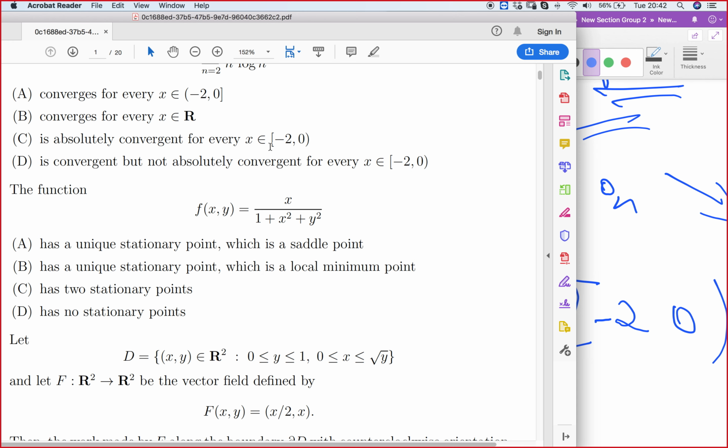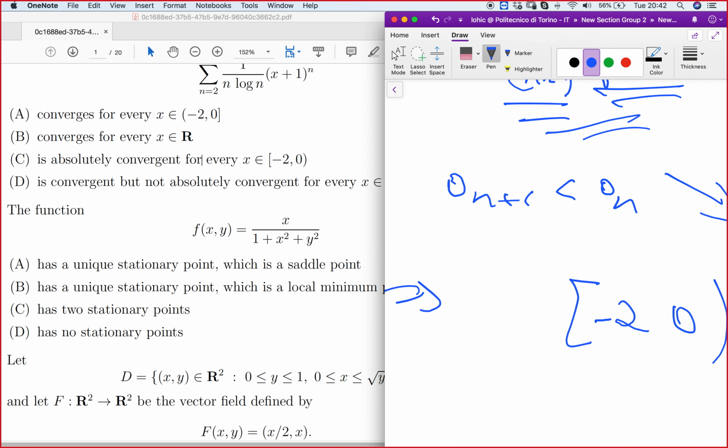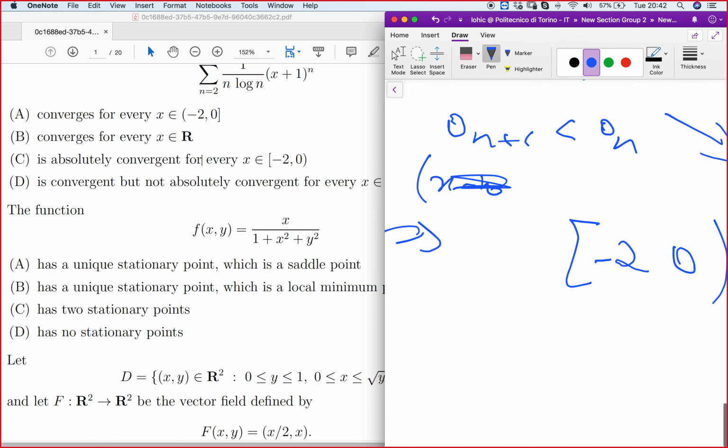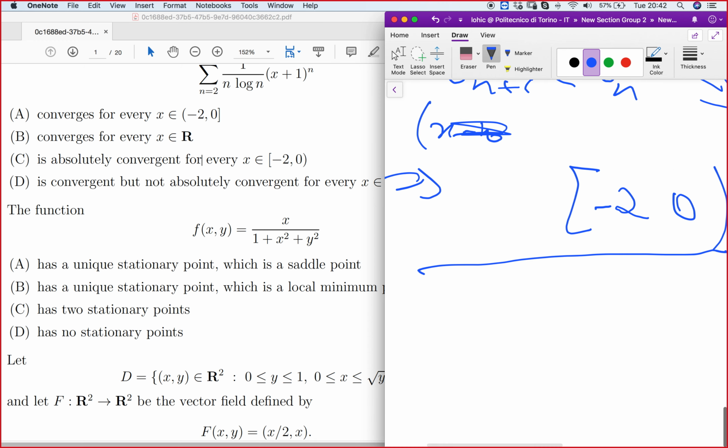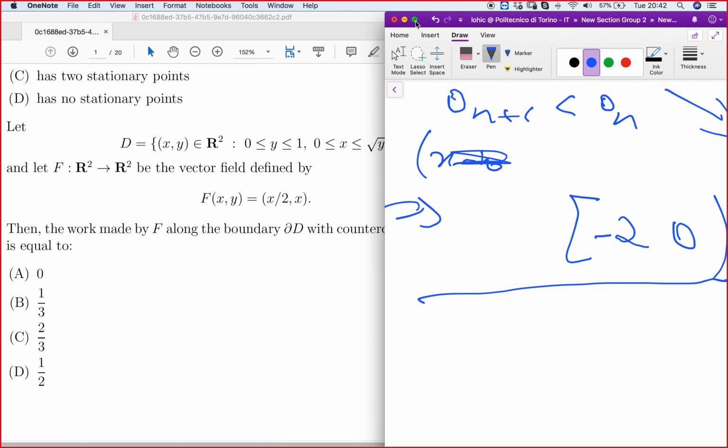Keep in mind, pay attention, we made a small mistake here.